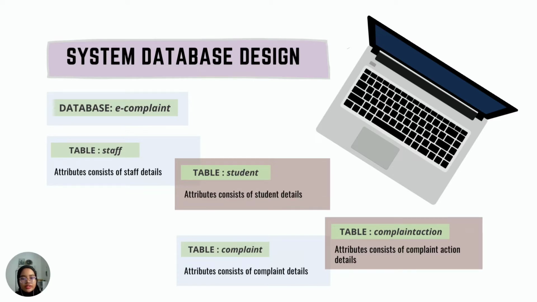The third one is the complaint table, and the attributes inside the table consist of the complaint details. And the last one is the complaint action table, which consists of attributes about the complaint action details.